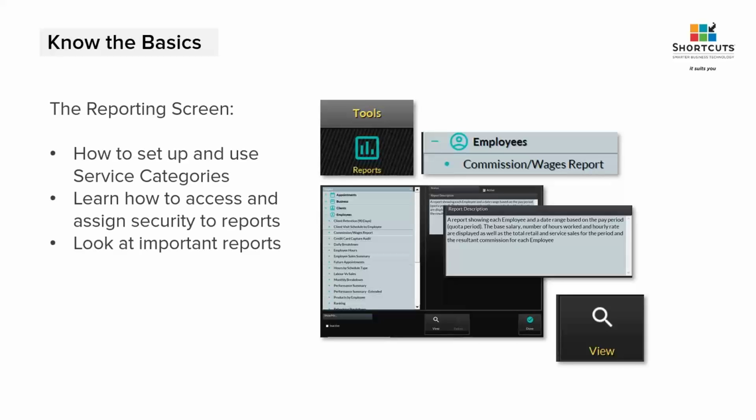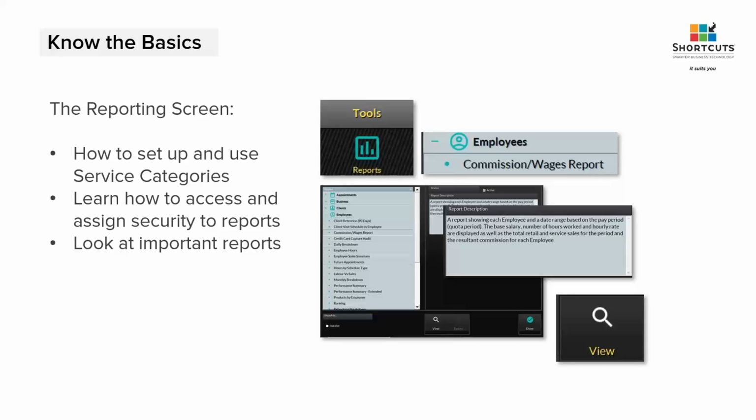So if you're a front desk person and the owner has asked you to take on some manager responsibilities and you don't have access to it, then make sure that you get your permissions elevated so that you can access reports. The individual reports are also protected by security. So you can actually have access to some of the reports, all of the reports. It depends on which one the owner allows you to see.